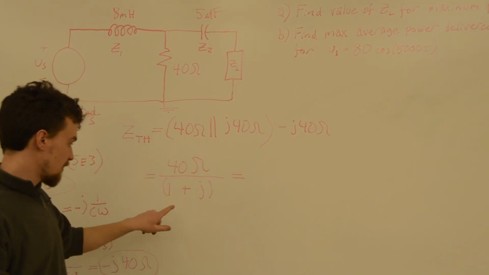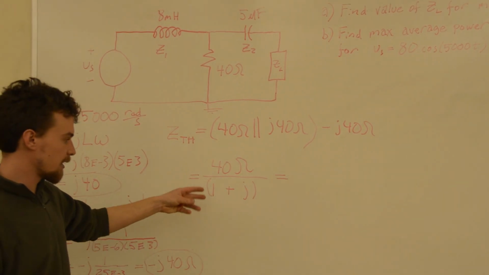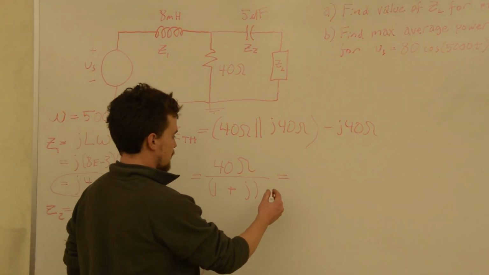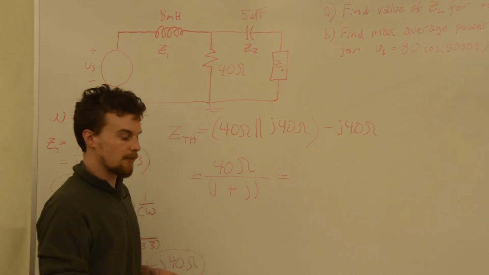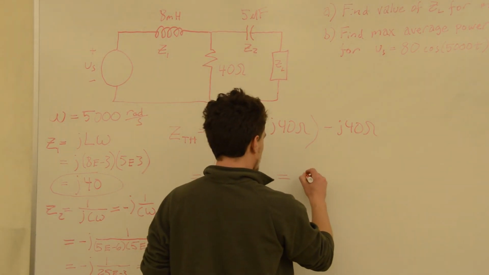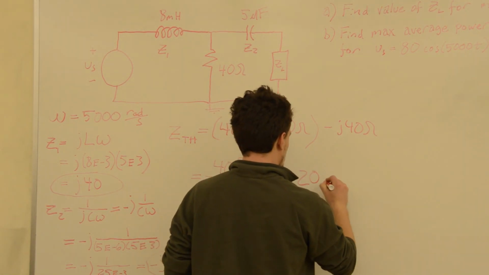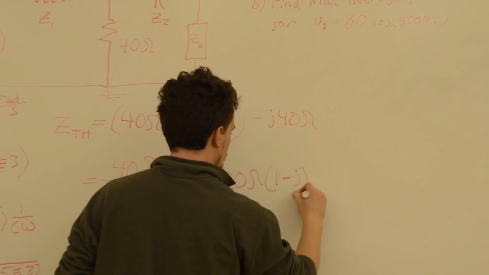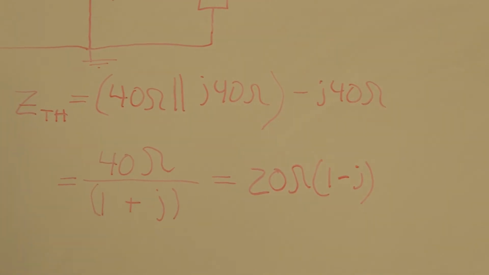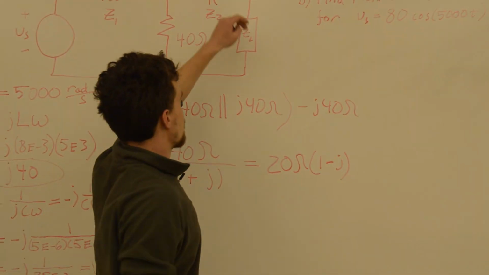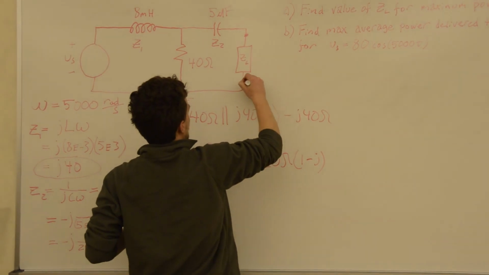We don't like to have complex numbers in our denominator, so to get rid of that we multiply both top and bottom by the conjugate of this, which is 1 minus j, and that results in 20 ohms times 1 minus j. That's our value for our Thevenin impedance between these two points.